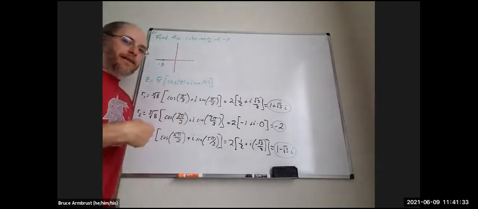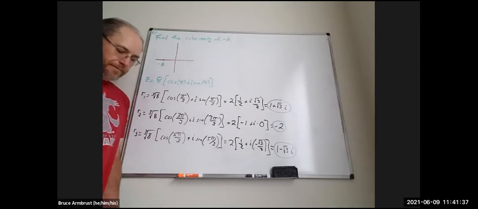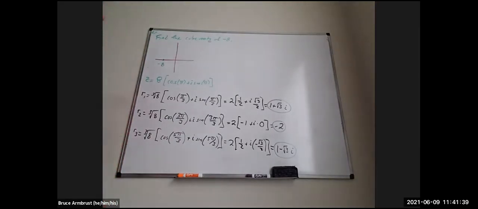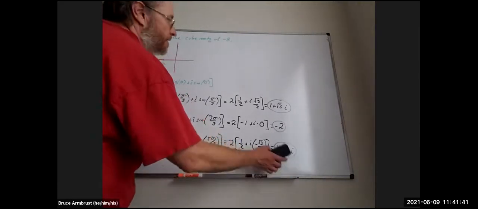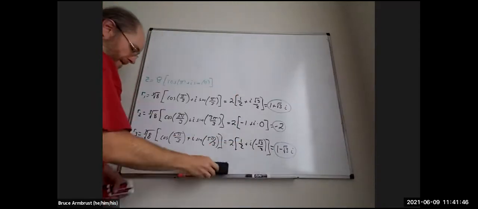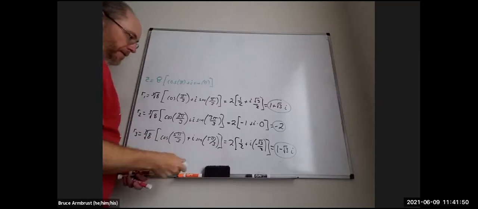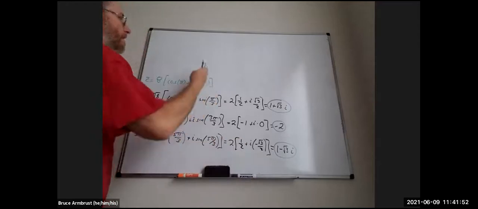Add another 2 pi and then divide. Add another 2 pi and divide. Just keep going until I get them all. All right, so let's do one more. This time, let's find the 4th roots of i.